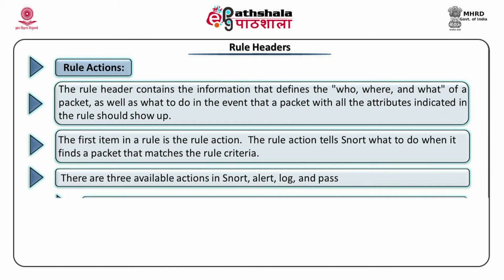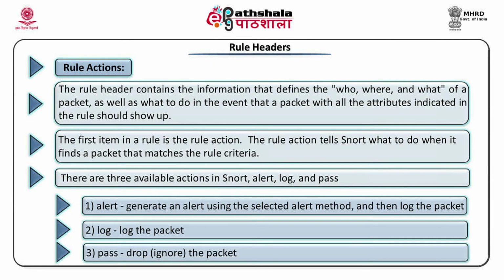To refine what I said, if you have defined many elements, saying that content is this and other options, they are ANDed together. And if you have defined many rules in the rule file, they are ORed. So if either rule is true, then the packet would be taken action for.